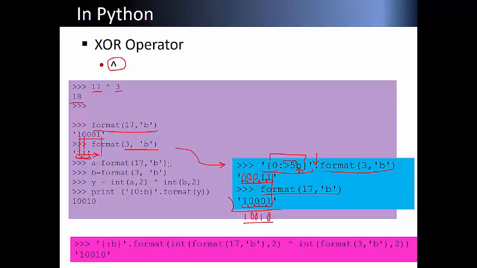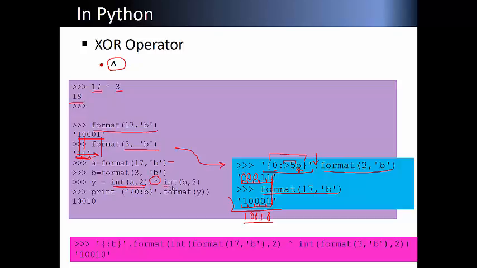See, in another way, I make 17, the format 17 and B, I assign the two variables A and B, and then I apply exclusive OR, which is 18, but I want to make it 2, which means this is binary, right? Base 2. I want to convert that to binary.